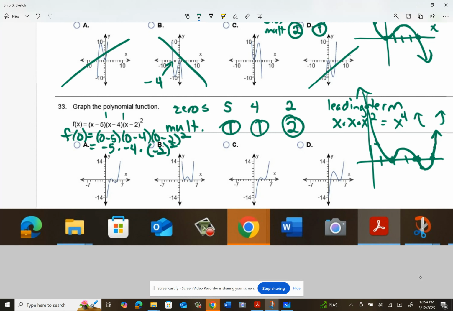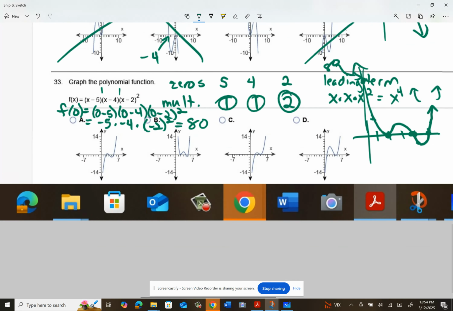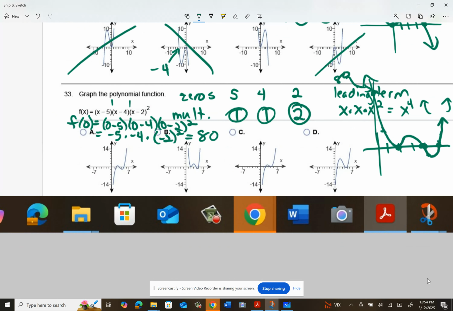So it turns out to be positive 20 times a positive 4, which is 80 when I'm finished. So that means it's going to cross way up here somewhere with a y-intercept of 80. Okay, so that's graphing polynomials by using both end behavior and considering the zeros and their multiplicity.